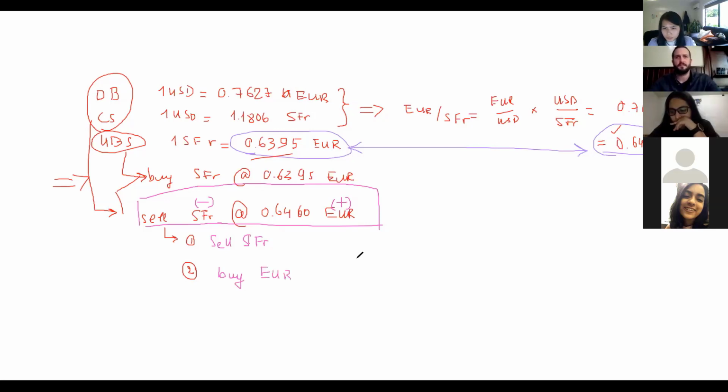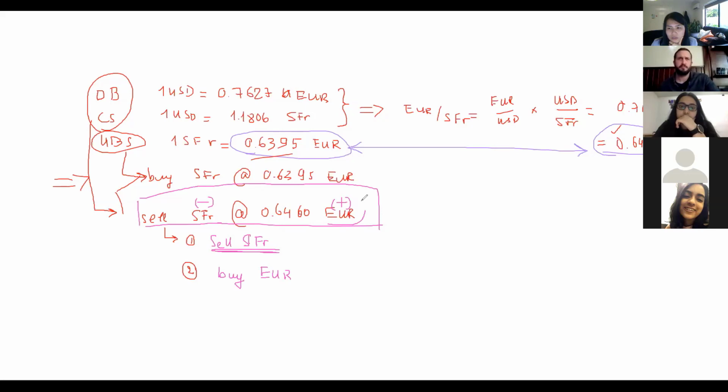Okay. Would you explain which one should we sell and which one should we buy? Yeah, so that will depend on what you want to do with the franc here. So here we say that we want to sell the franc at this rate, right? For how much euro here. So based on this information, if I want to sell the franc, then my indirect transactions should involve selling the franc at one bank.